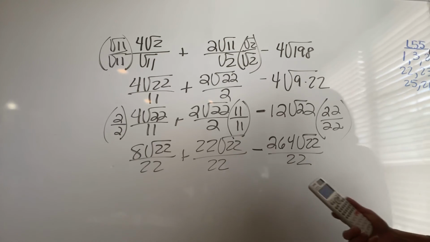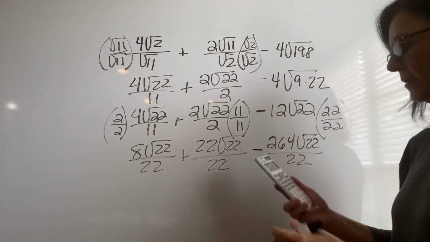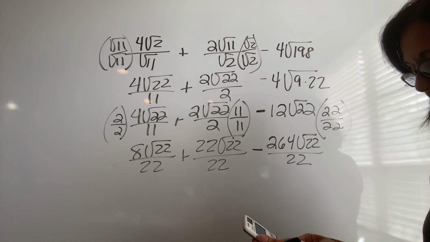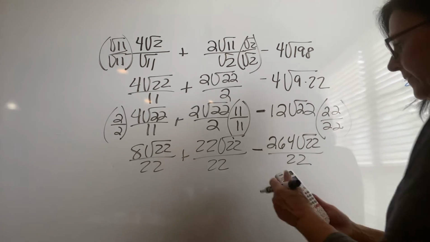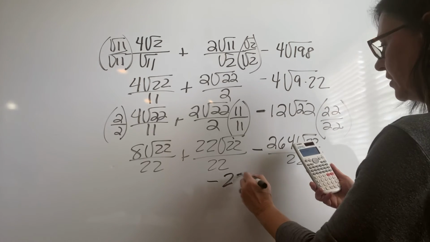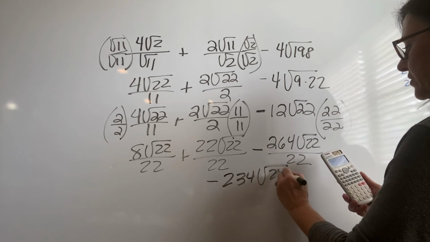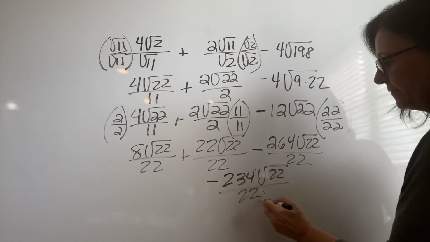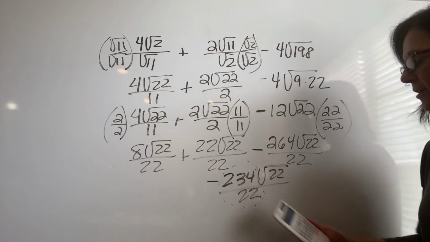Now I have like terms, so I just do 8 plus 22 minus 264. So 8 plus 22 minus 264 is a negative 234 square root of 22 over 22. Then I ask myself, can I simplify this? And I can. They're both divisible by 2.